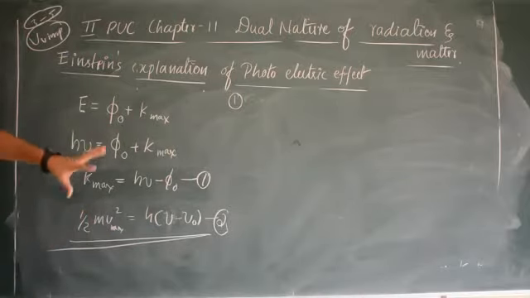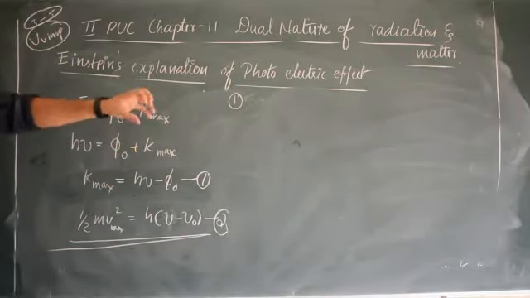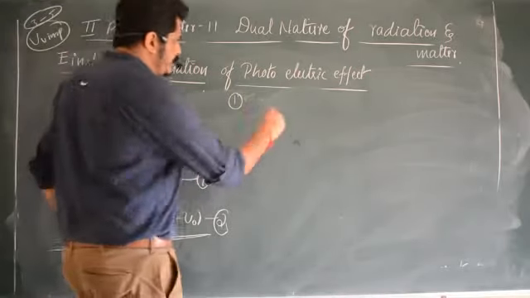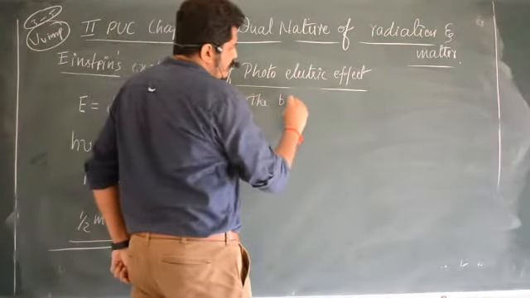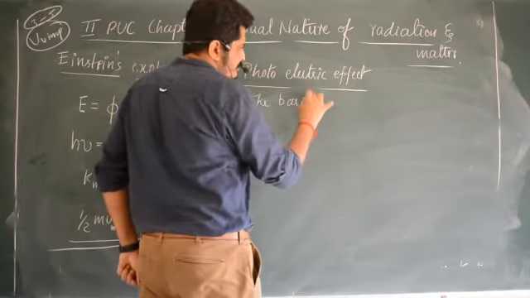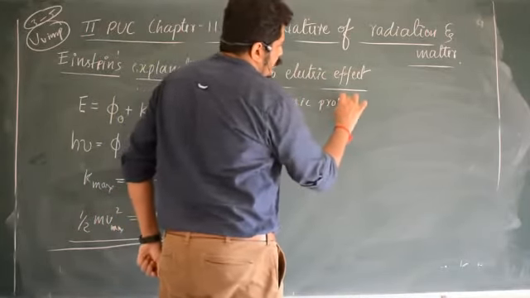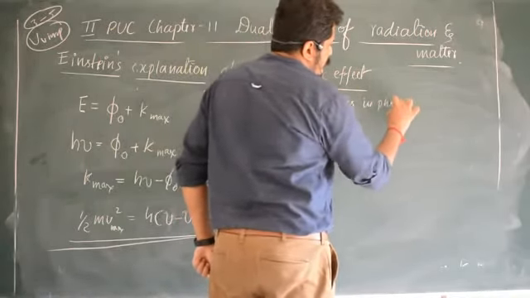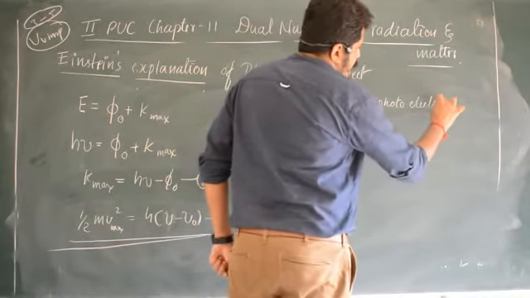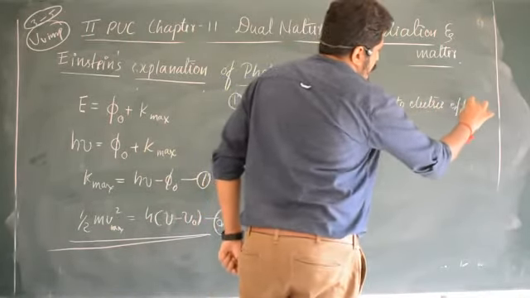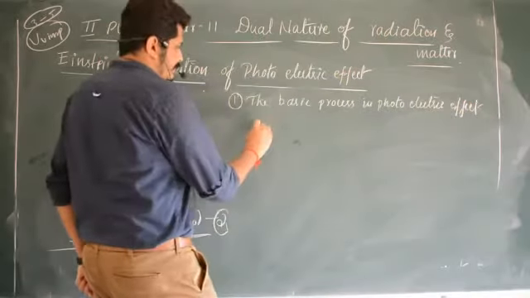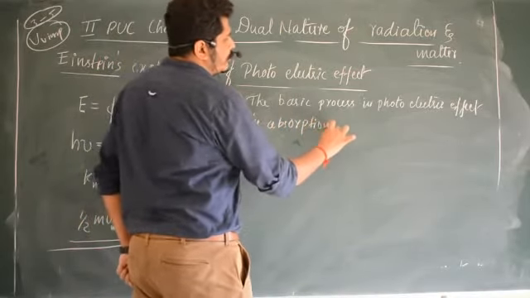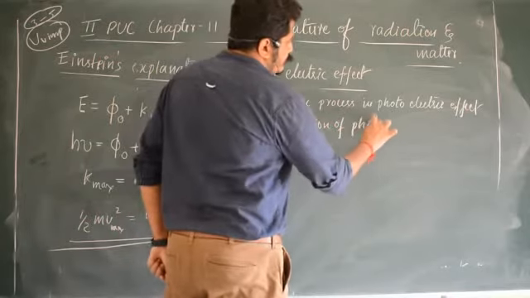The basic process involved in the photoelectric effect is absorption of photon of light by electron. Okay. What Einstein explains is, the basic process in the photoelectric effect is absorption of photon.